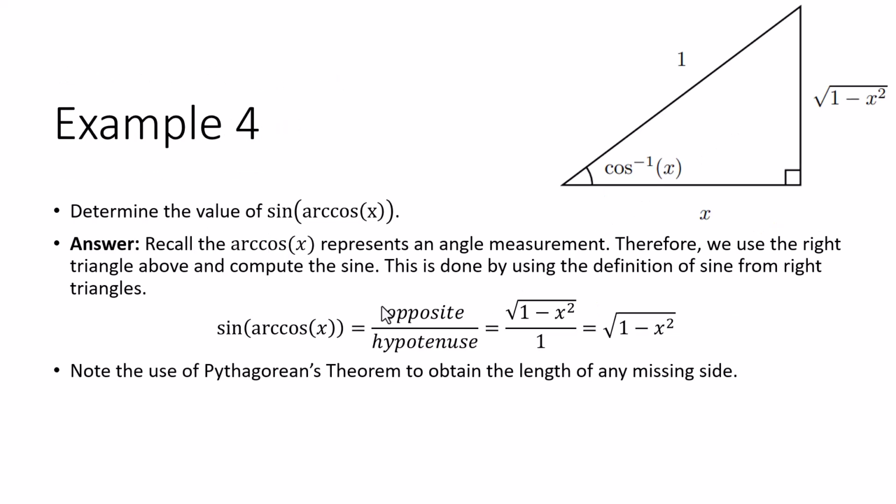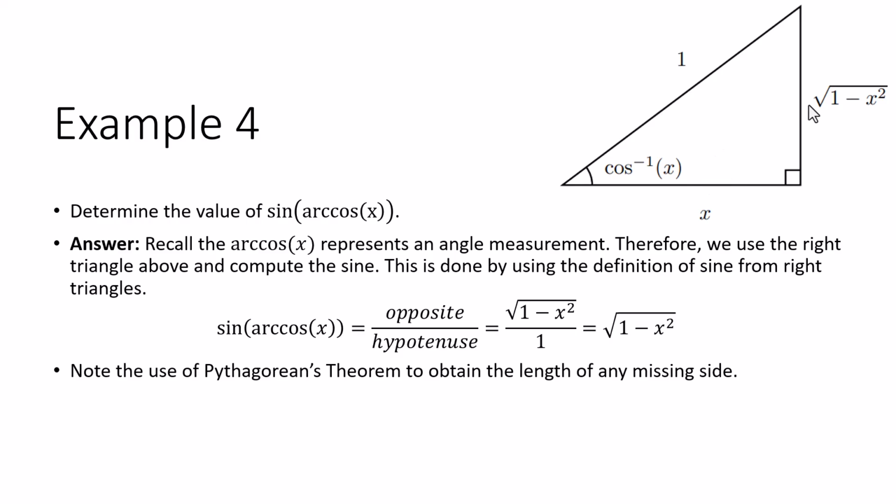Our fourth example asks us to determine the value of the sine of the arc cosine of x. Now recall, the arc cosine of x represents an angle measurement. Therefore, we can use the right triangle above and compute the sine. The definition of sine for right triangles, remember, is the opposite over the hypotenuse. So I set up my arc cosine right triangle.